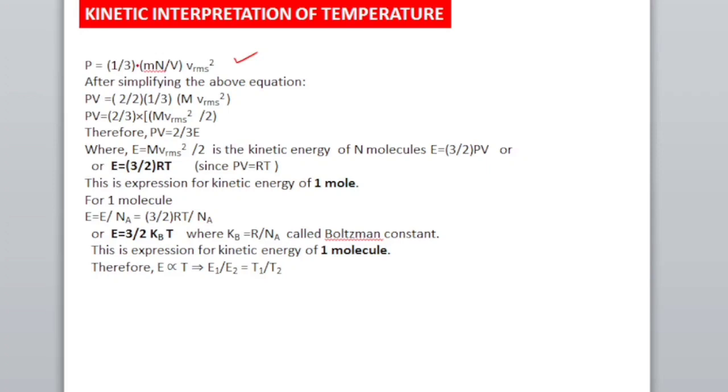So you have to write this equation in terms of kinetic energy also, and see how this kinetic energy is related with temperature. I am going to derive this one. You take V this side, so PV is what? If you multiply and divide by 2, because kinetic energy is half mv square, I want half mv square. So multiply and divide by 2, then 1 by 3 mn by V vrms square.